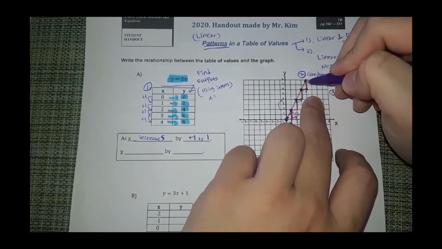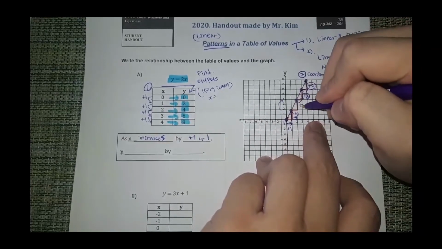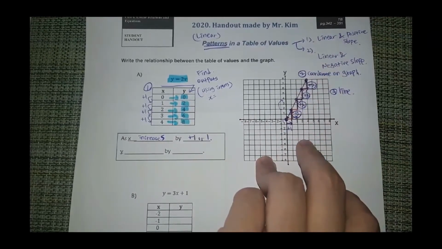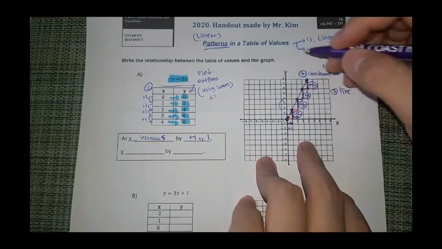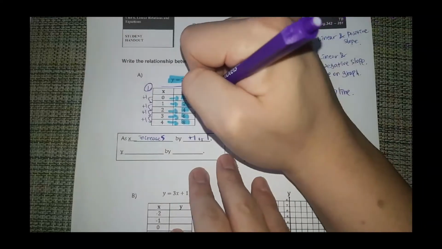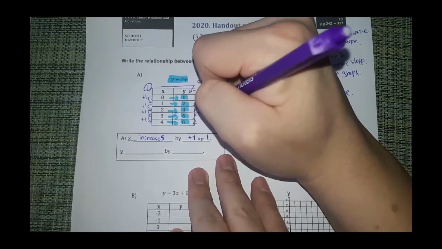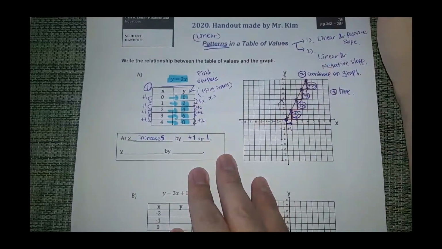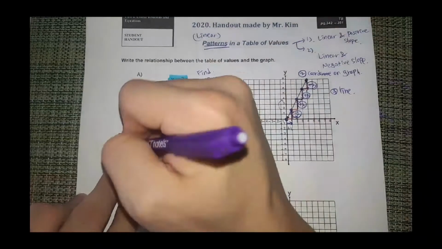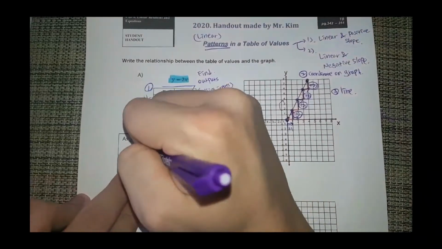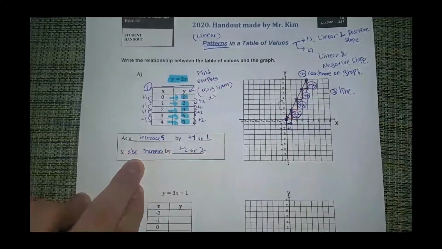The next one, 6 to 8. So as you may notice, you increase everything by 2. So double check with your table. That's a fancy way of saying each row should have a certain increasing pattern. So you can say as x increases by 1, y also increases by positive 2, or 2.